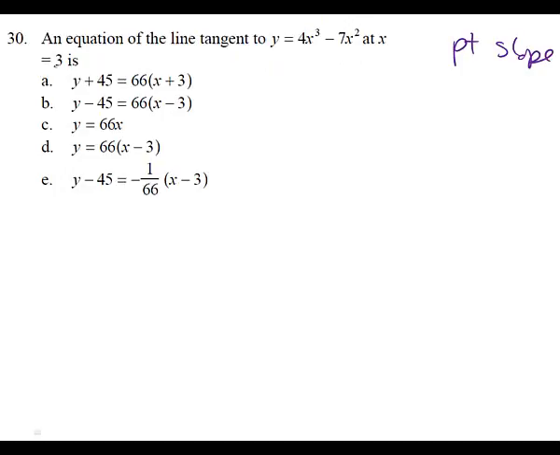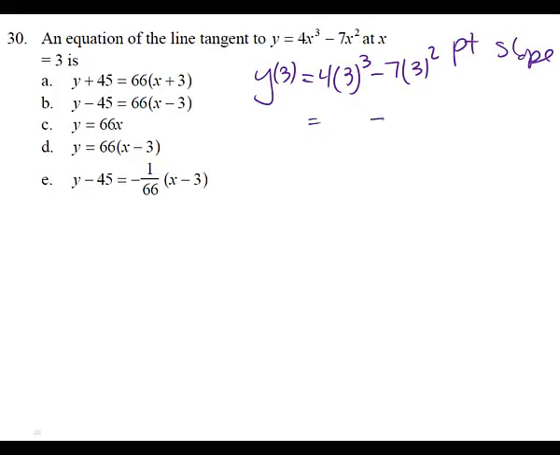I have an x value. To get the y value, what would I do? Plug in. So y of 3 would be 4 times 3 cubed minus 7 times 3 squared. What's 3 cubed? 27 times 4.